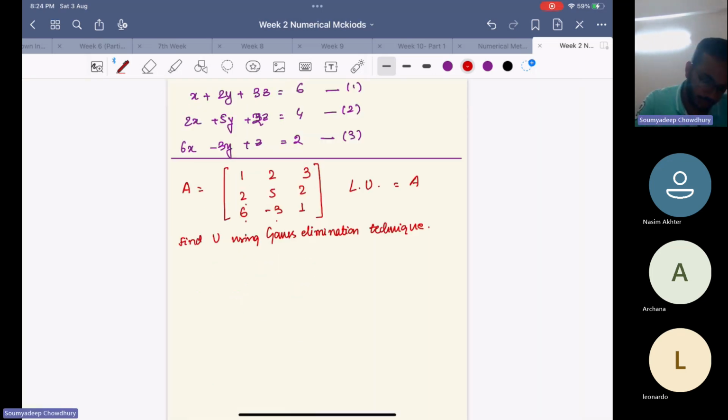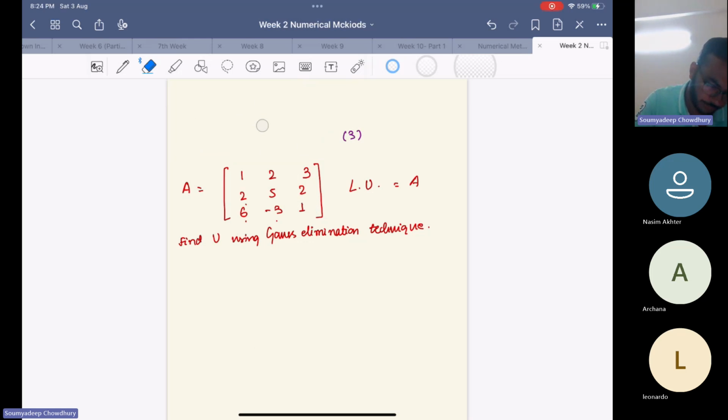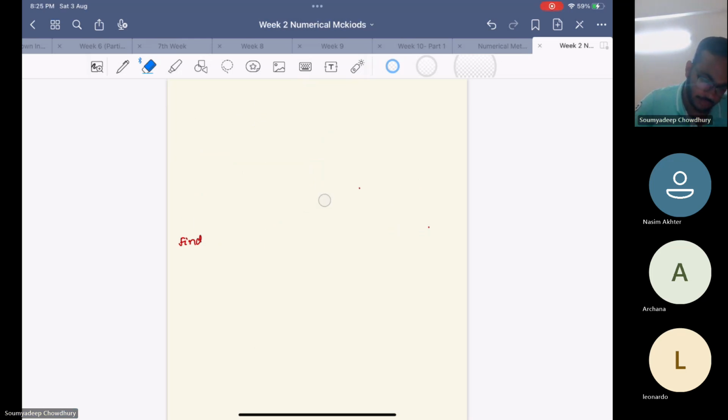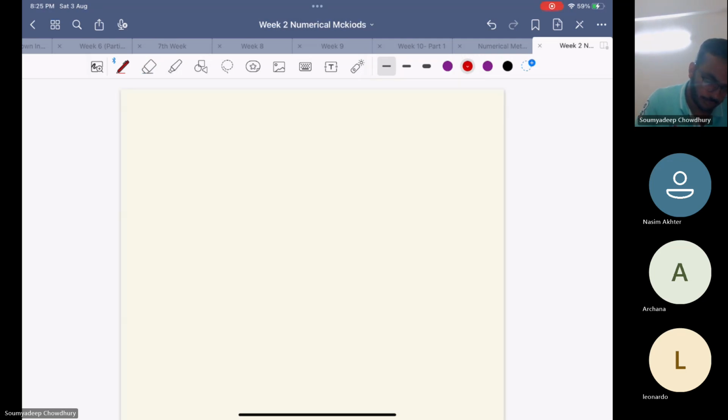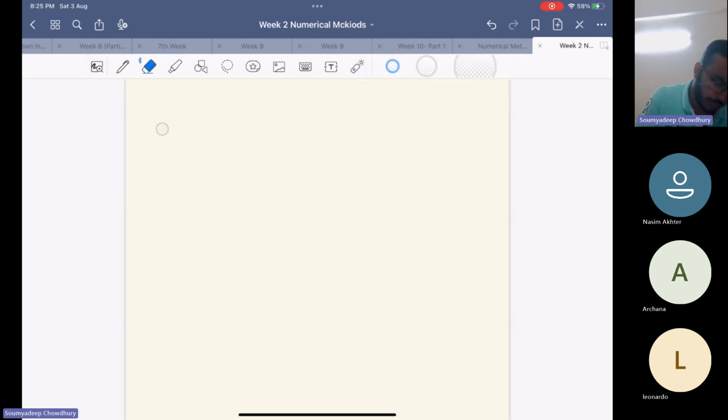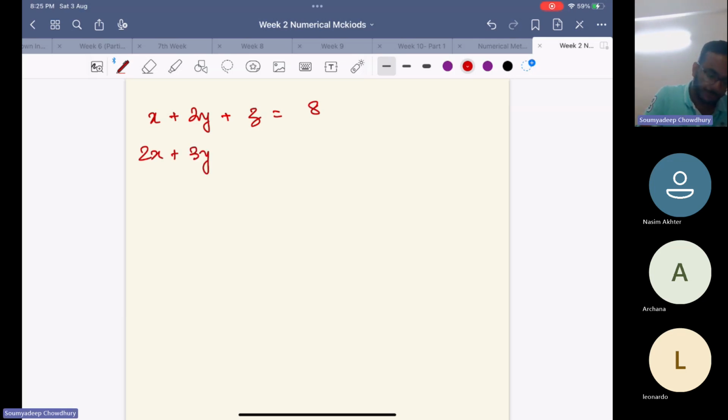Sorry, the equations were written incorrectly. So the equations are: x plus 2y plus z equal to 8, 2y plus 3z equal to 20, and 3x plus 5y plus 7z equal to 30.